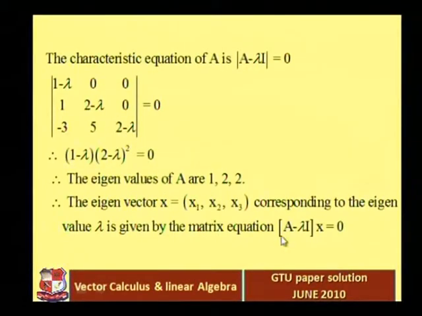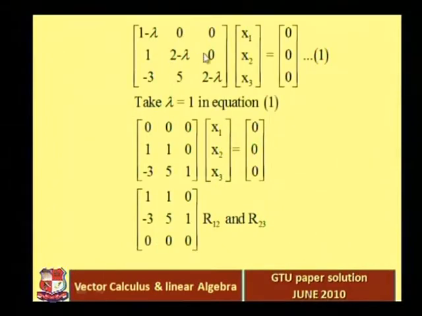This is our matrix (A minus lambda I) into x, where x is x1, x2, x3, equal to 0, 0, 0. Taking lambda equal to 1 in equation 1, you will get first row 0, 0, 0, then 1, 1, 0, then minus 3, 5, 1.